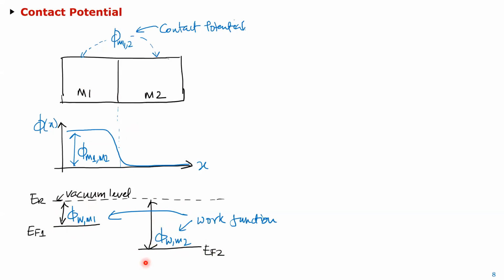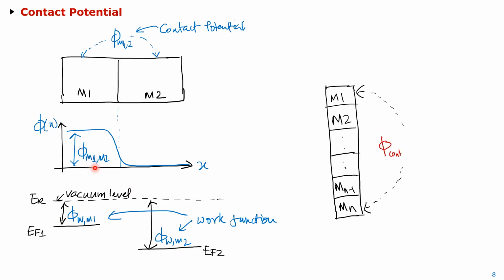When I join them, it's basically the difference between these two work functions. It's almost like I'm taking an electron from here to infinity and back to this material, and that's nothing but this potential difference. And the other thing I showed you last time: this is two materials.